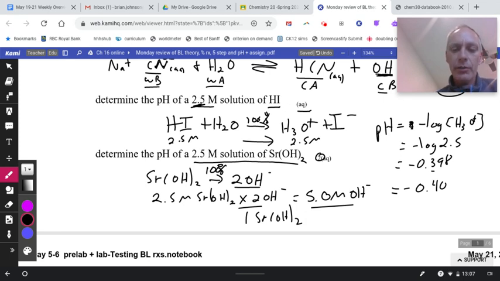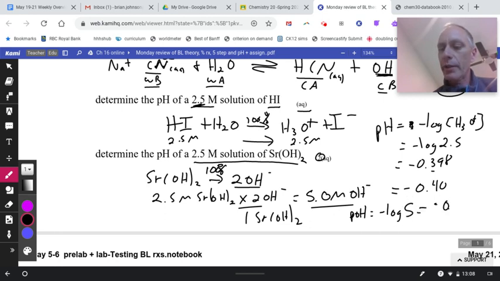However you want to attack this one, I am going to go negative log of 5. And that gives me the pOH. Negative 0.699, and that's 2 sig digs, 2 decimal places, negative 0.70.